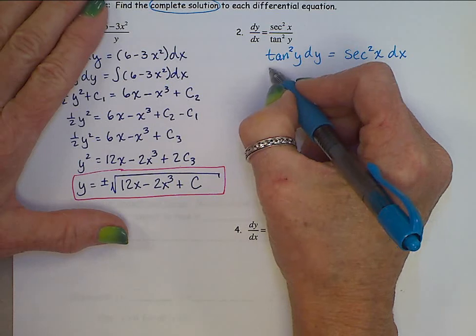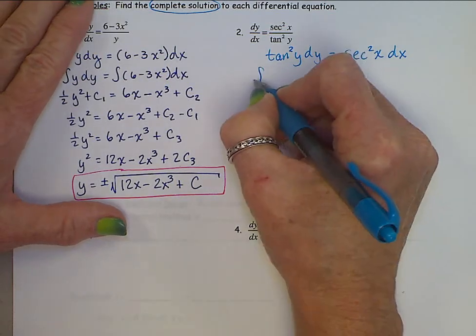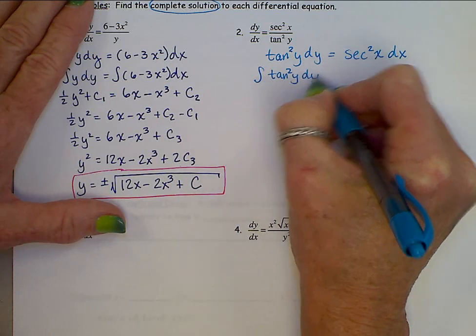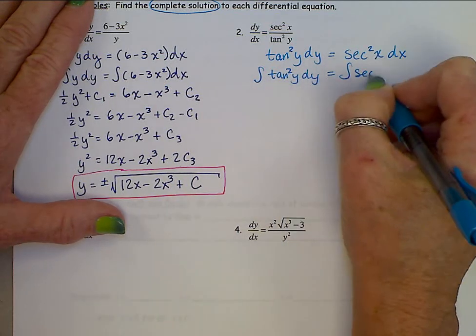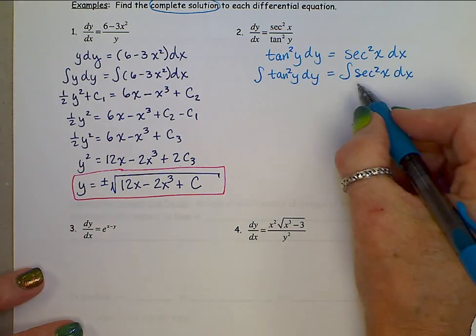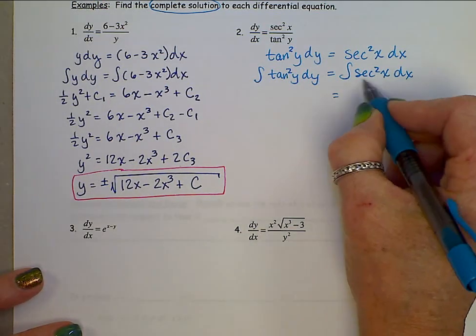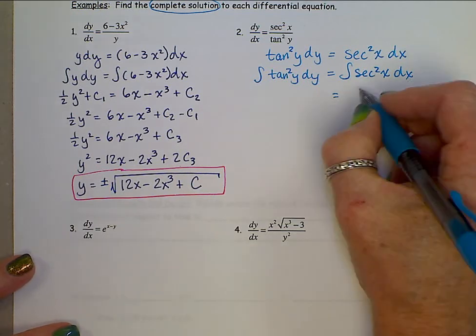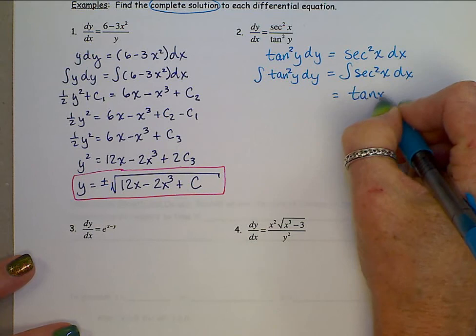To get the y equals, we'll need to anti-differentiate both sides. And this right side over here, we can do very nicely: the antiderivative of secant squared x dx is tangent x plus a c.